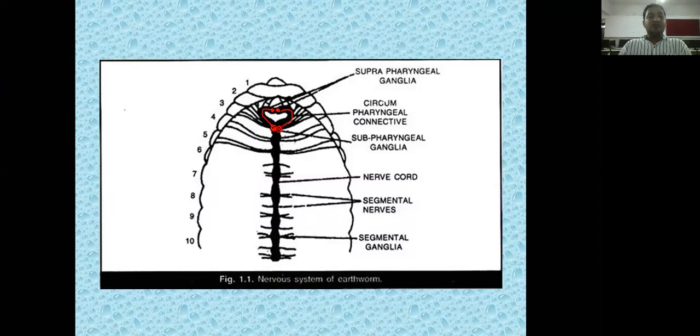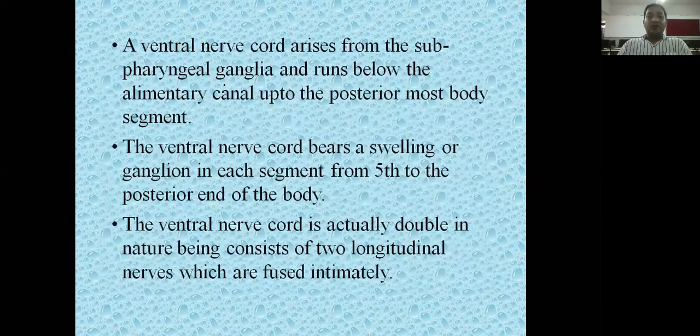And from the subpharyngeal ganglionic mass arises a cord-like structure which is known as the nerve cord. A ventral nerve cord arises from the subpharyngeal ganglion and runs below the alimentary canal up to the posterior-most part of the body.